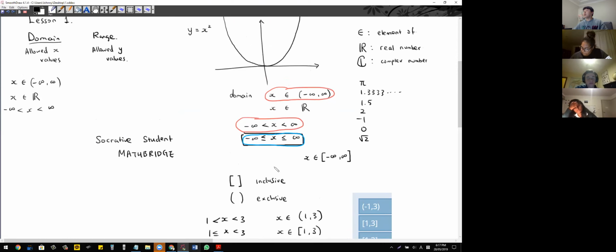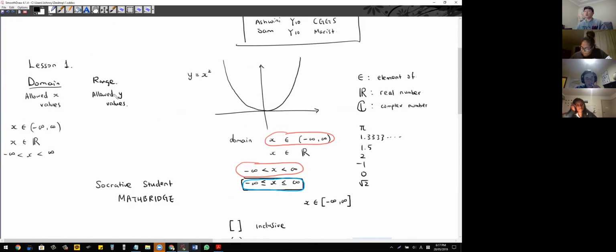Now let's think about the range. So range is the allowed values of y. So if you have this function, what's the range? That's all of the, it must be an interval that includes all of the values of y here.